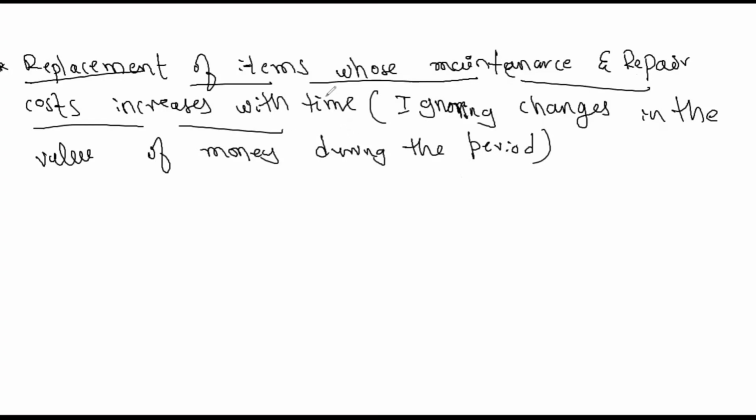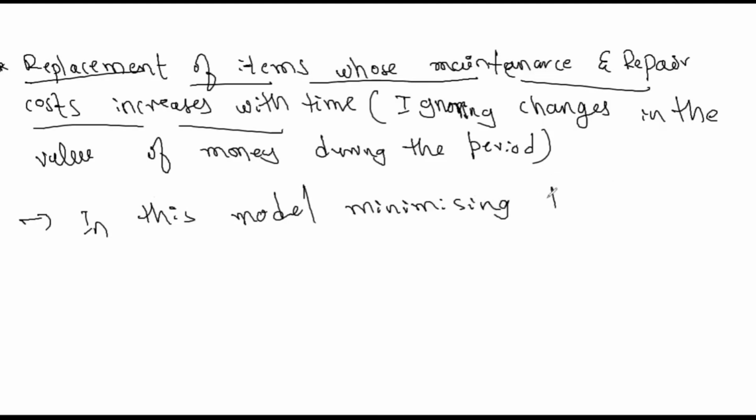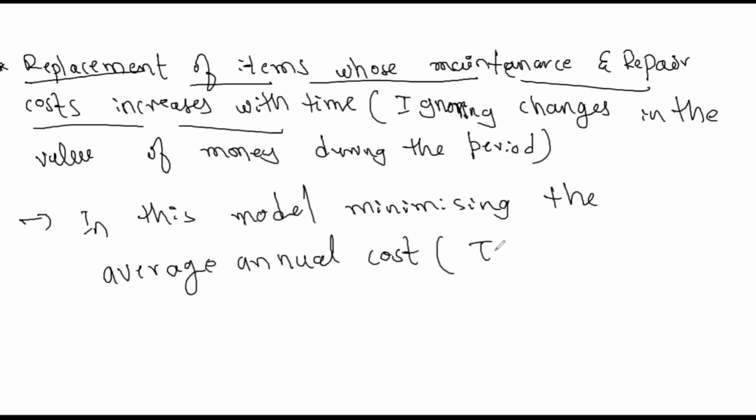For this, let us consider a simple situation which consists of minimizing the average annual cost, right? So in this model, our main aim is to minimize the average annual cost, which is nothing but our total cost.